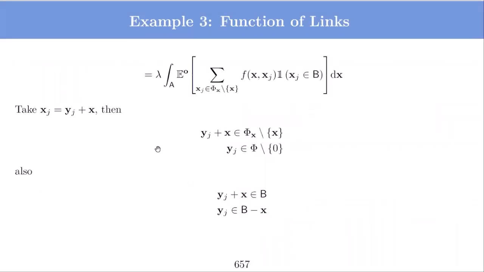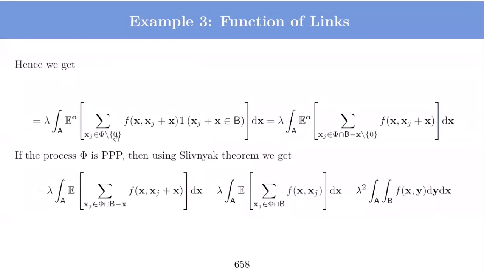And so here we have yj belongs to phi minus 0, f of x comma yj plus x, with the indicator that yj plus x belongs to B. Then I can just rewrite yj again as xj, that is just a notation thing. What I get is lambda expectation, Palm expectation, of the summation, and this indicator just means xj belongs to B minus x. So xj belongs to phi intersection B minus x, excluding the point at the origin, of f(x, xj plus x).